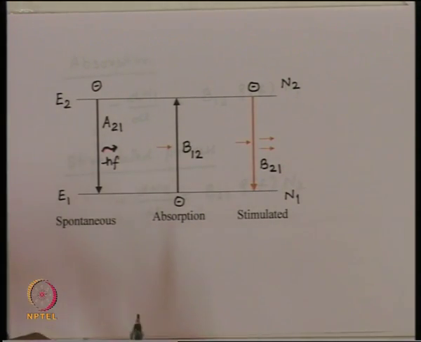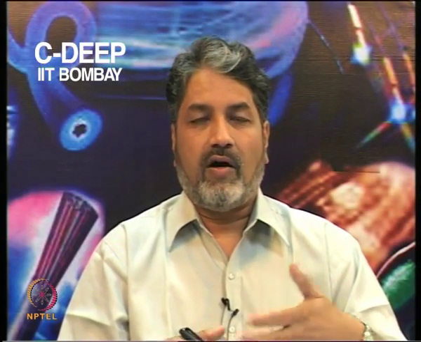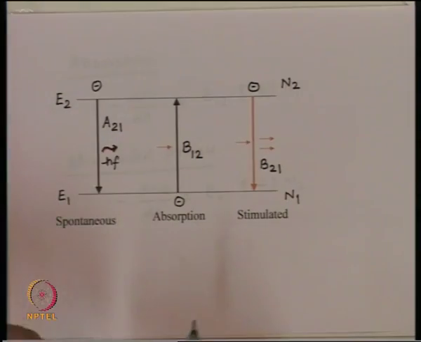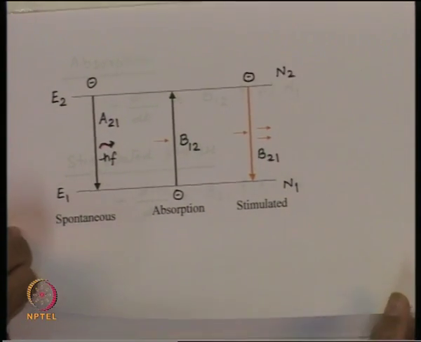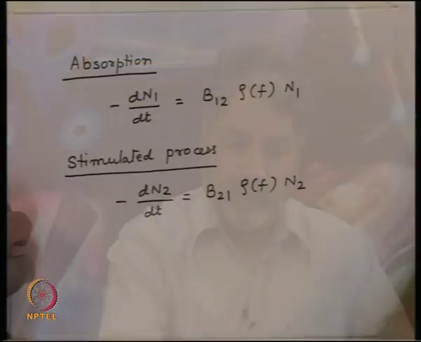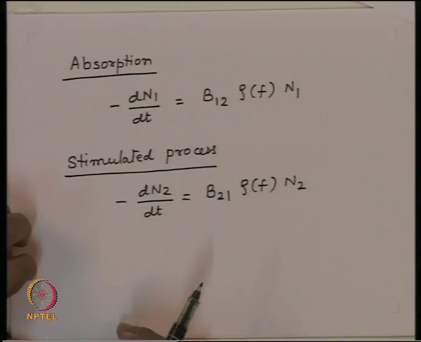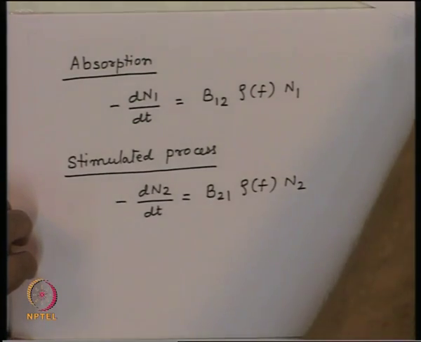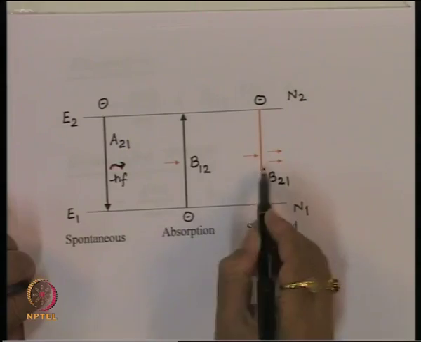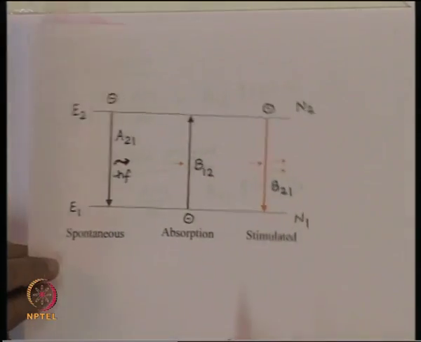In thermal equilibrium, since the number of electrons is not changing either at the ground state or in the excited state, the total downward transition must be completely balanced by the upward transition. So, we can write down the balance equation, which says that the upward transitions are equal to the downward transitions.